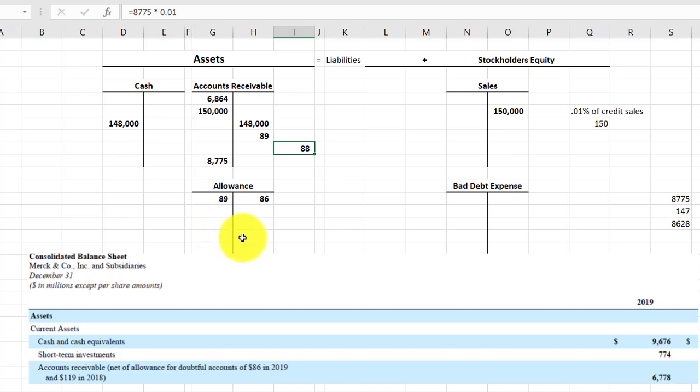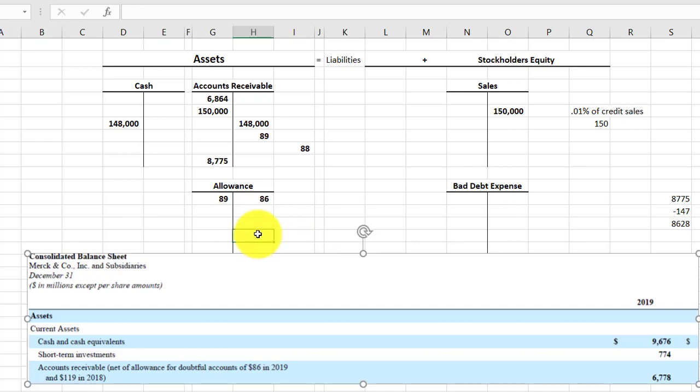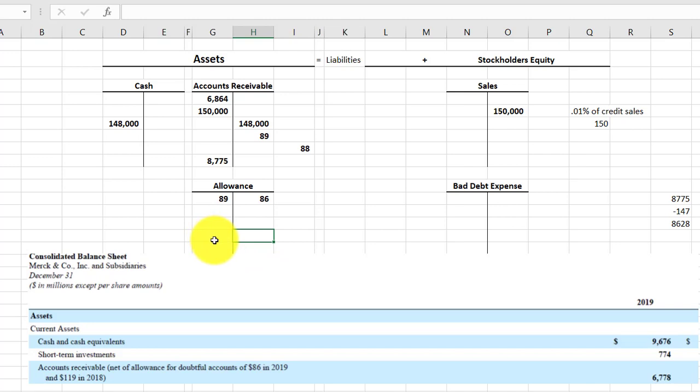Okay? So remember, the way we calculate this is we take the increases and we subtract the decreases. So it would have been a negative 3 or a debit for 3. We need it to be a credit for 88, right?